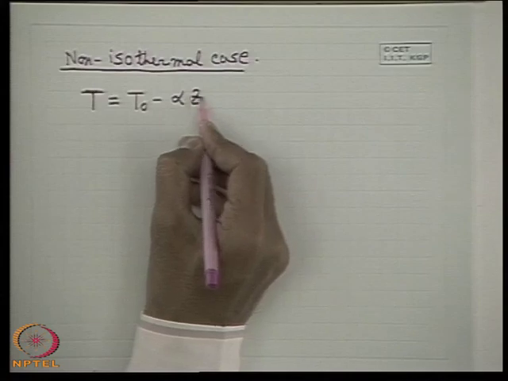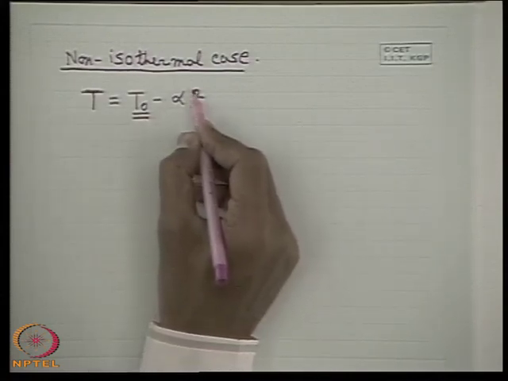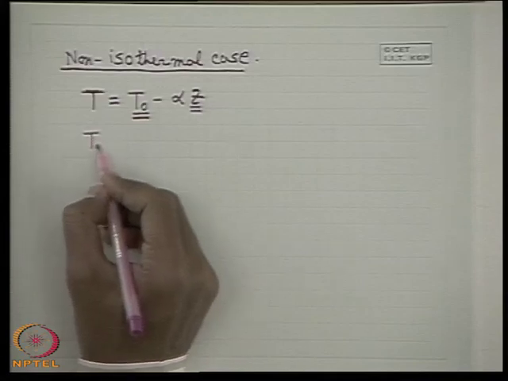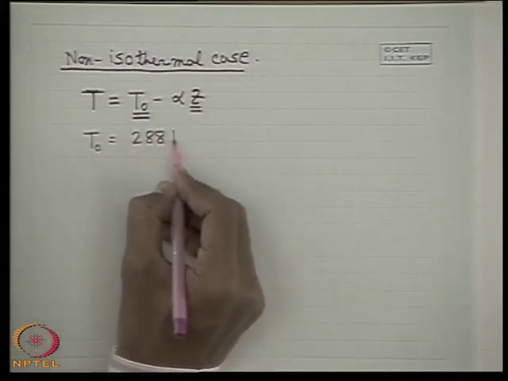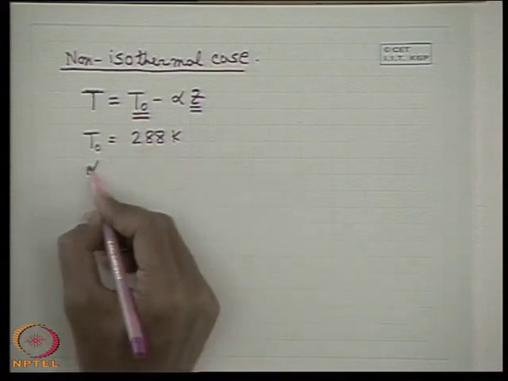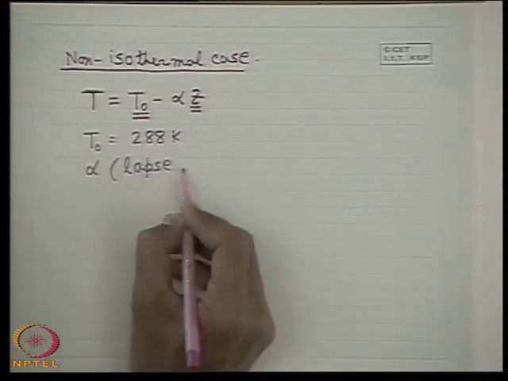This is the temperature at the sea level and z is the altitude from the sea level. In our usual atmosphere, the value of T0 at sea level is approximately 288 Kelvin, and the value of alpha is known, in this terminology, as the lapse rate.